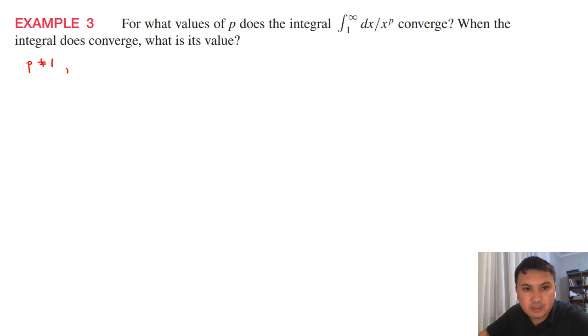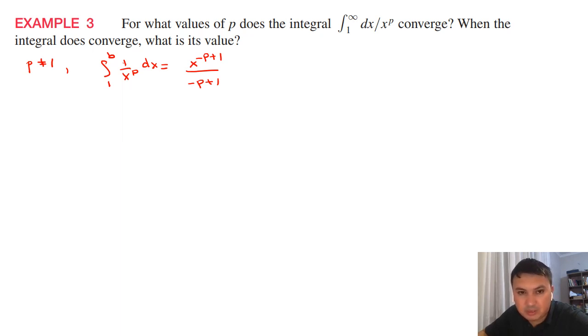But then, let's evaluate the integral from 1 to b, right? And then I would let b go to infinity. So this is 1 over x to the p dx. By the power rule, this is x to the minus p, right? So x to the minus p plus 1 divided by minus p plus 1. And since p is not 1, this minus p plus 1 is well defined, right?